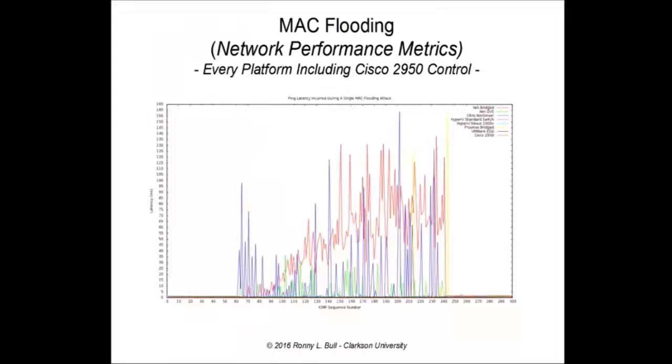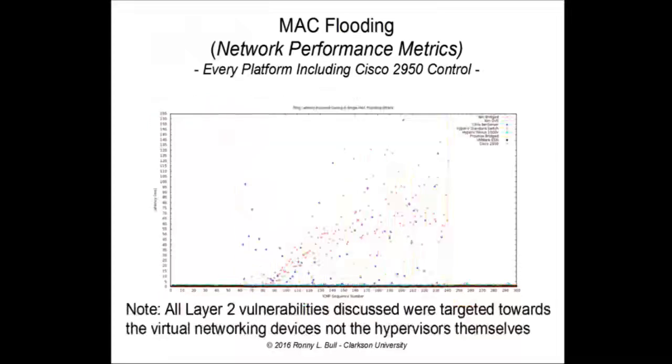It's a little difficult to read from this graph. Maybe it's a little easier to read here. Still not incredibly easy. We realized at the last minute there might have been a better way to do this one. But from this, if you look carefully, you can see that the Hyper-V standard, the Hyper-V Nexus, and VMware ESXi were not vulnerable.